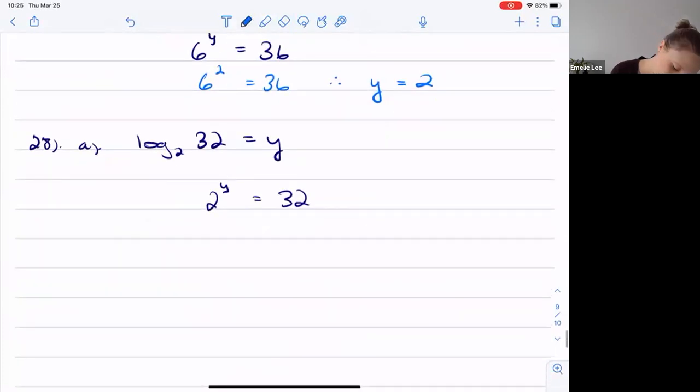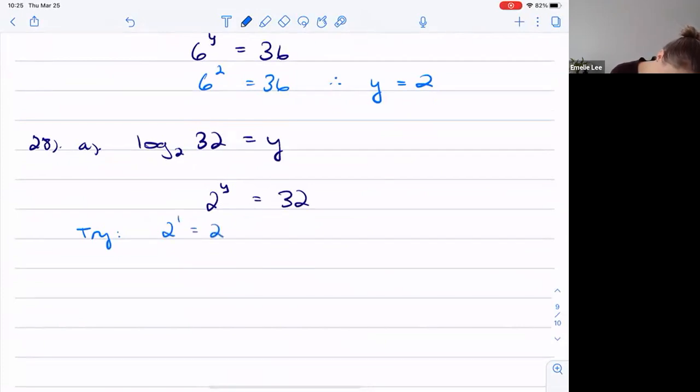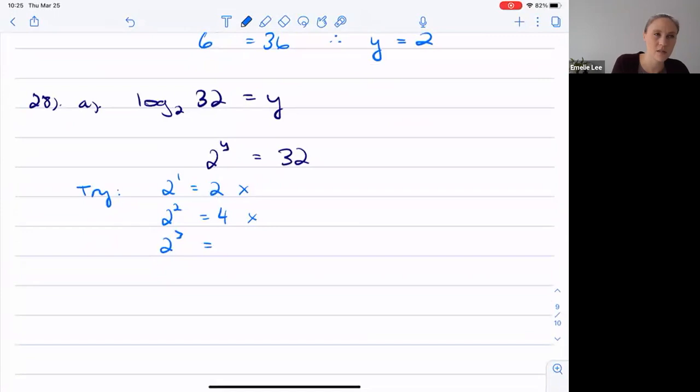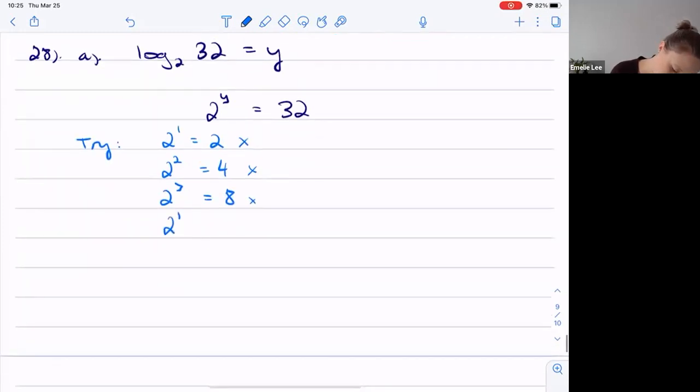So try, if you don't know immediately, 2 to the power of 1 is 2, nope. 2 to the power of 2 is 4, nope. 2 to the power of 3 is 2 times 2 times 2, so 8. 2 to the power of 3, let me just check. 8, no. 2 to the power of 4 is 16.